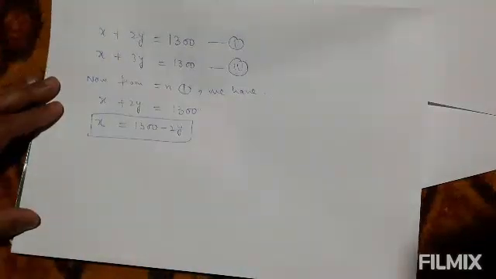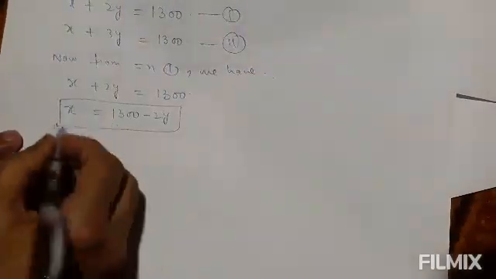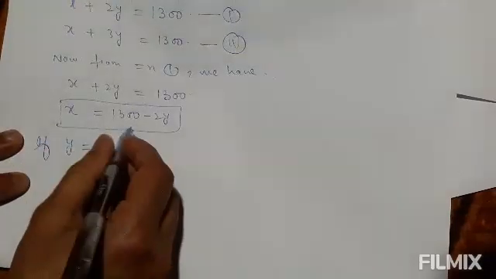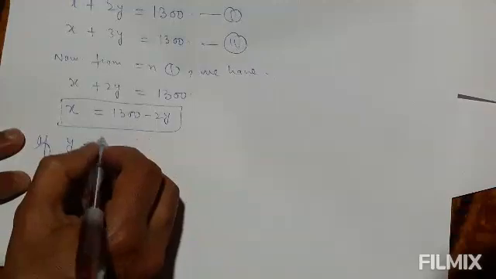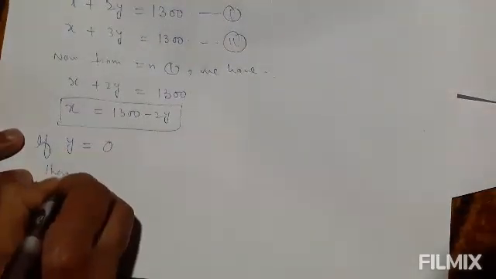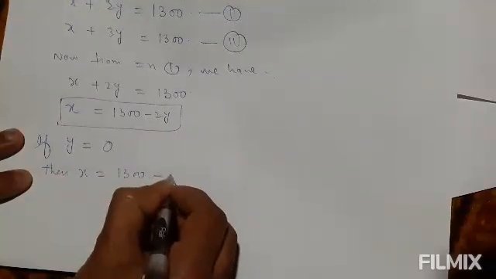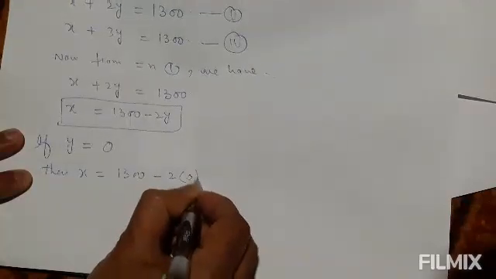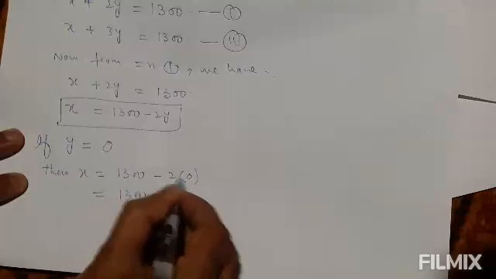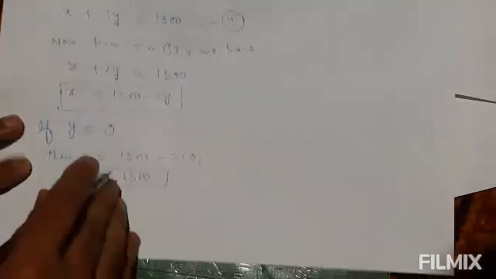Let's take y equal to 0 first. Then x equal to 1300 minus 2 times 0, that is 1300, so x equals 1300.